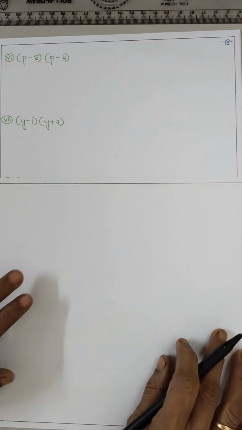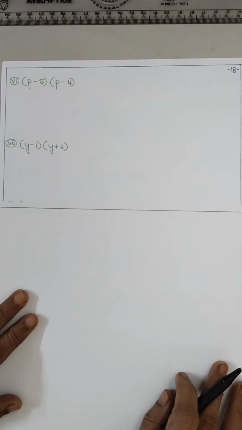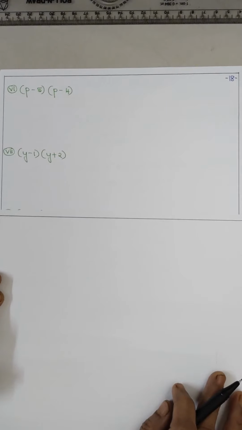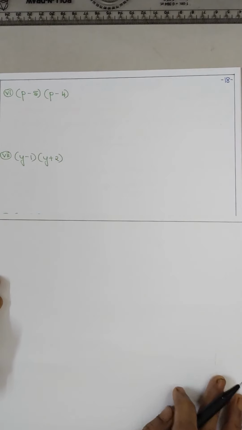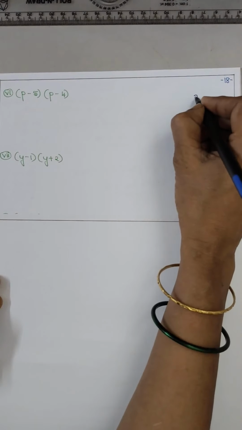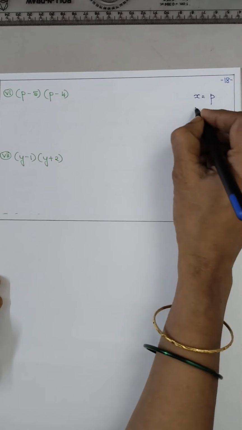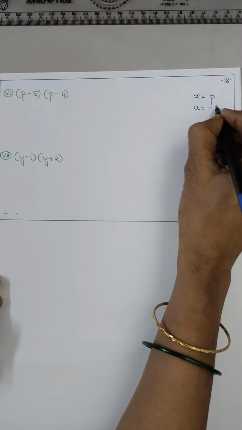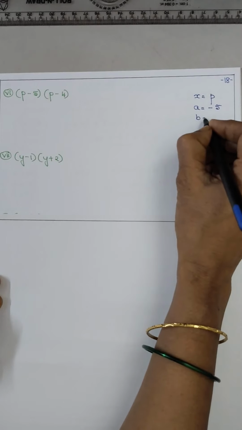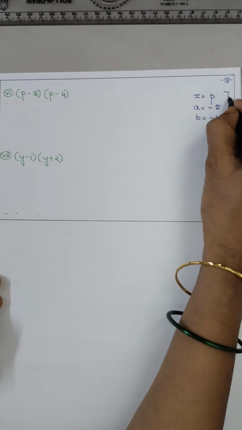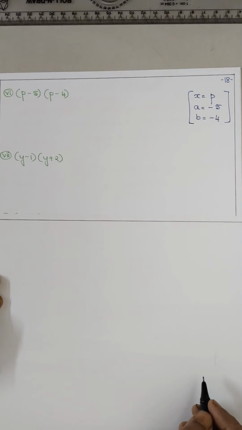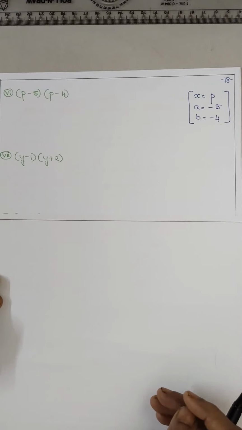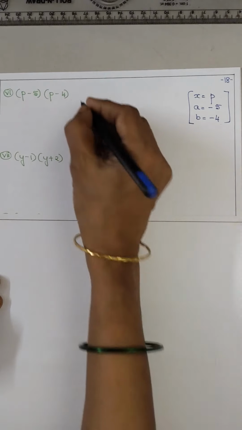Now coming to the sixth sum, it is (p − 5)(p − 4). So fifth identity, x is equal to p, a is equal to minus 5, b is equal to minus 4. Hope you are getting the confidence, isn't it? If you do as many sums, you will get the confidence.